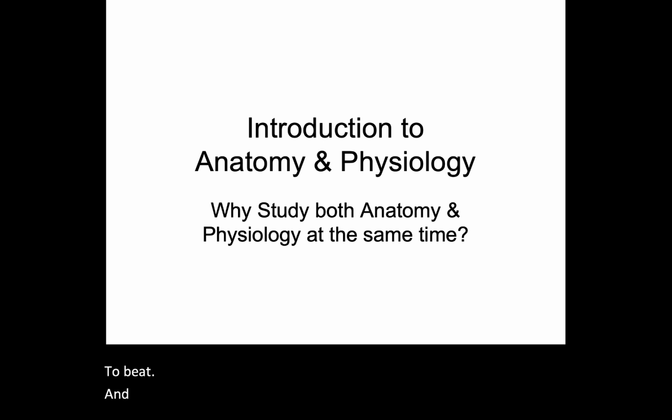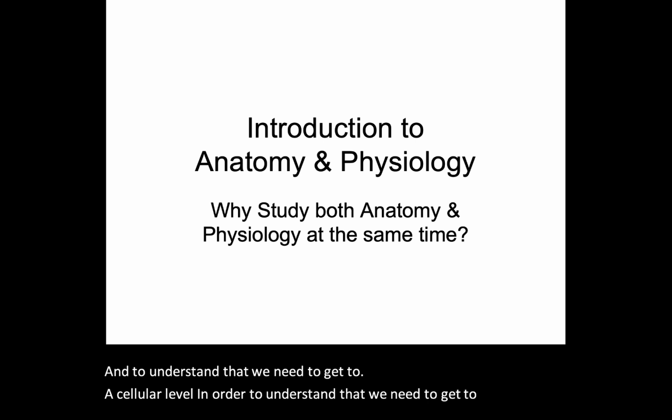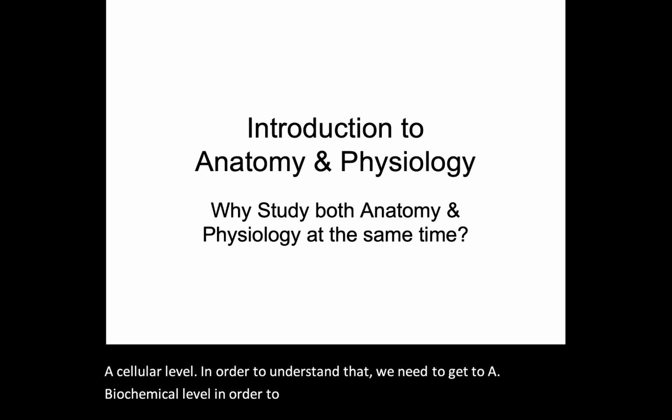What are the forces involved? And to understand that, we need to get to a cellular level. In order to understand that, we need to get to a biochemical level. In order to understand that, you need to understand the physics of what is happening.